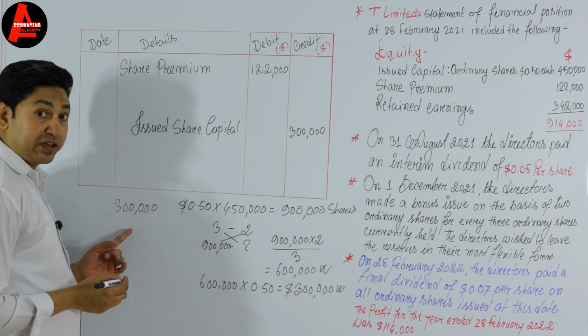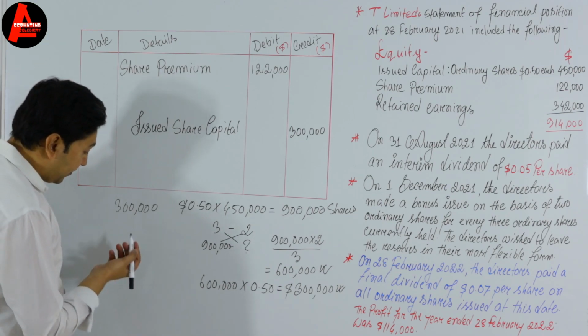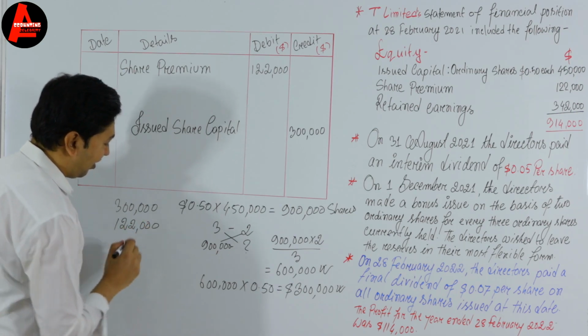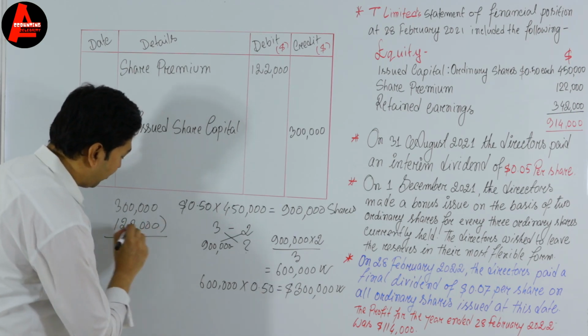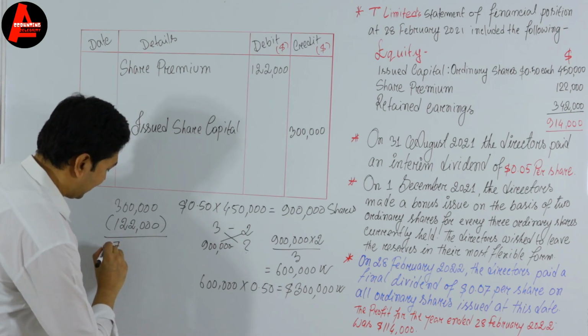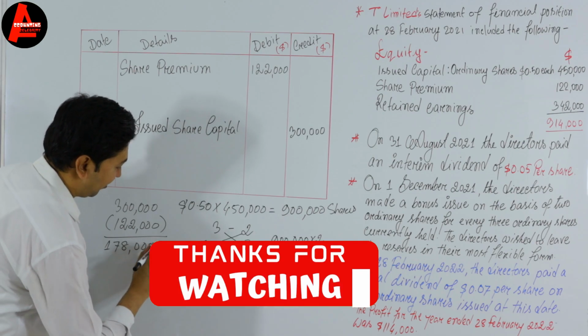Now $300,000 is the issued share capital. For this $300,000, we have already taken share premium of $122,000. So how much is remaining? Here we see $178,000.